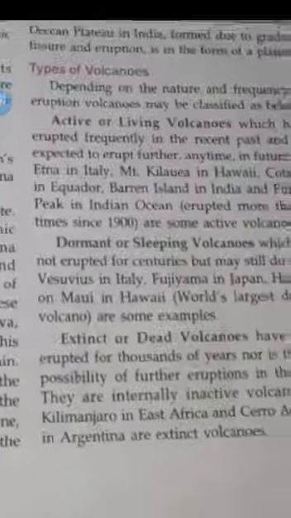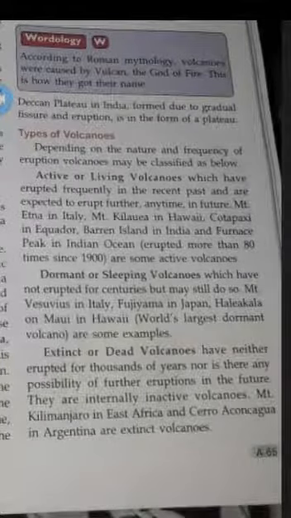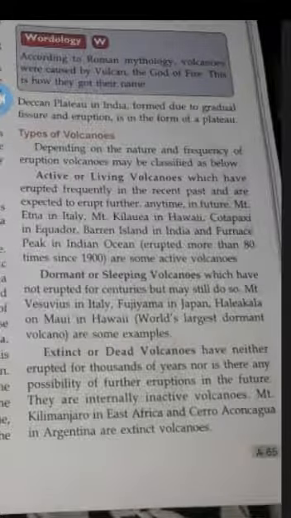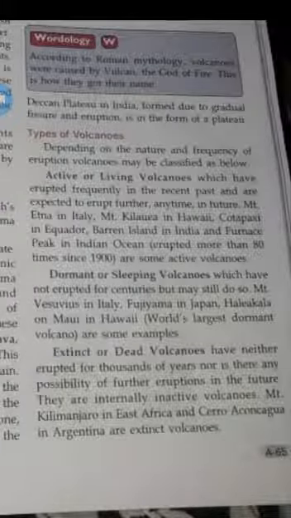Second one is dormant or sleeping volcano, just like a sleeping man can awake anytime. The volcanoes are also like this. That's why its name is given sleeping volcano, as dormant also means sleeping. These are volcanoes which have not erupted for centuries but may still do so, means they can erupt any time.